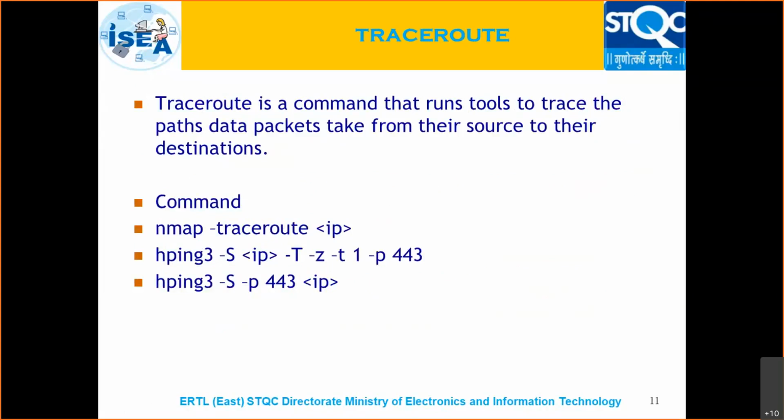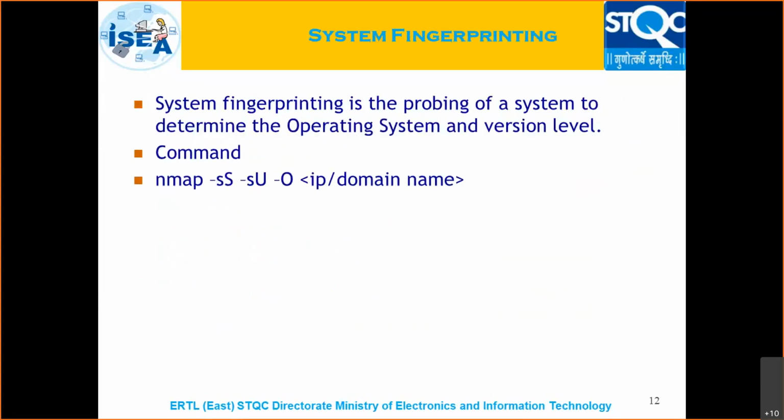It's just a very brief idea. And of course system fingerprinting: from the TTL value we may not get the exact value, so we'll do system fingerprinting separately via the Nmap command. This is also a very nice command, and Nmap is a very beautiful tool for those of us dealing with penetration testing.